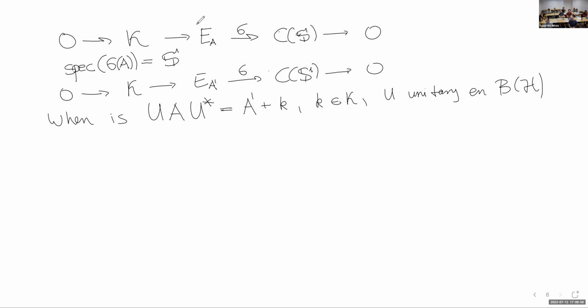That's what we have. Now, the question is, when can this happen? An obstruction is the index. It's a Fredholm index.